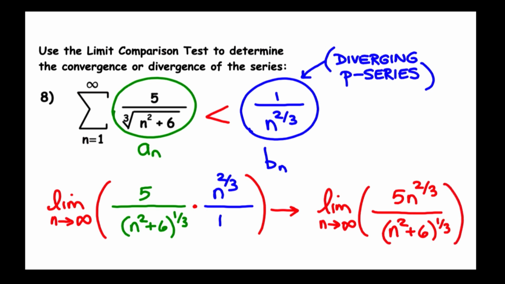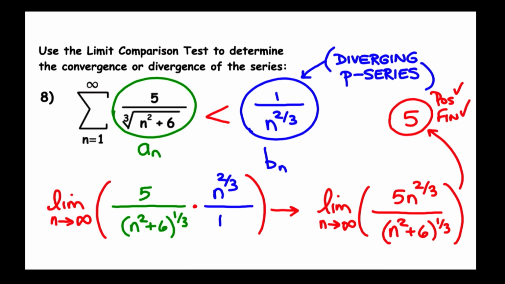We have to figure out what that is. That will come out to 5. I'm going to prove to you that it comes out to 5 in a moment, but it will come out to 5. And that 5 is positive. And it's also finite because it's not infinity. And so limit comparison test will work.